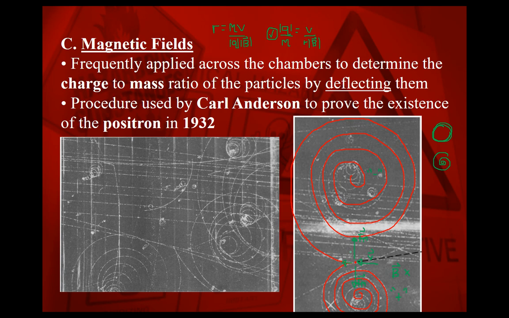If you produce a subatomic particle, it still has to plow its way through the rest of your cloud or bubble chamber. So just by interacting with the medium, it's going to slow the particle down. If it loses speed, it's going to cause the radius to get smaller and smaller.